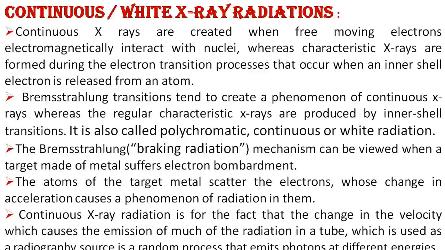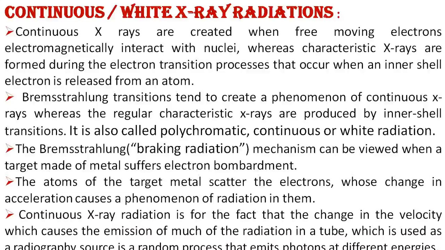Bremsstrahlung transitions tend to create the phenomenon of continuous X-rays, whereas the regular characteristic X-rays are produced by inner shell transitions. It is also called polychromatic, continuous, or white radiation. The bremsstrahlung, or braking radiation, mechanism can be viewed when a target made of metal suffers electron bombardment.